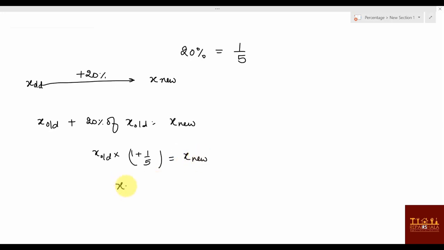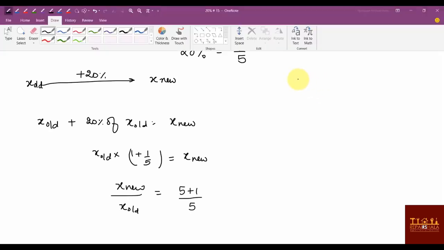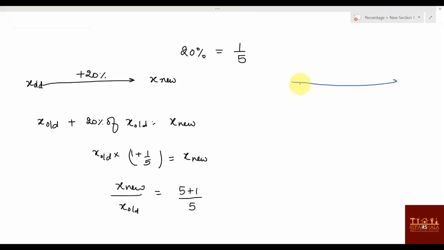Or if I say X new divided by X old, can you say this will become 5 plus 1 divided by 5? I'm not writing 6 here, I'm just writing 5 plus 1. Now, same case, let's check for reduction also. X old is there and X new is there, minus 20% reduction.